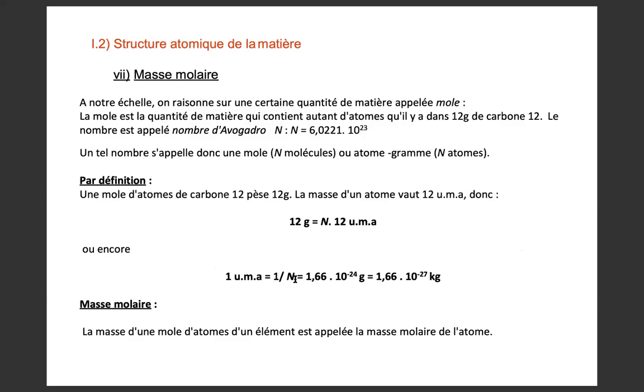Then it can also stand in for any element, because if 1 atomic mass unit is equal to 1/12th of the carbon atom, it implies that 1 atomic mass unit of any atom, which is 1/n, will be that number n multiplied by 1/n. Let's hope I'm clear here.